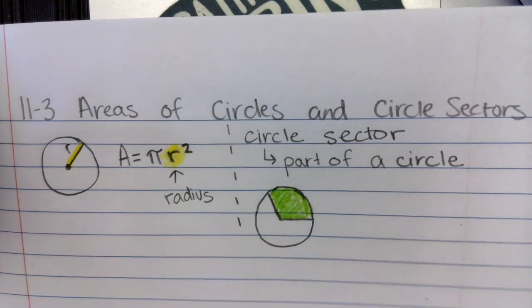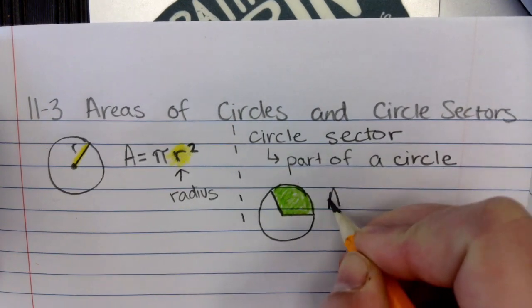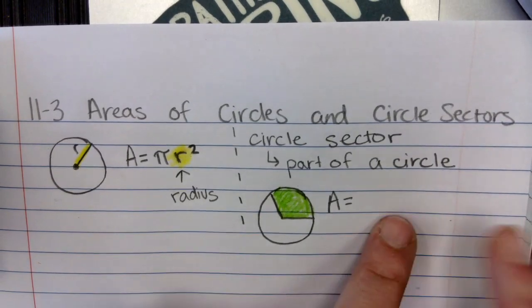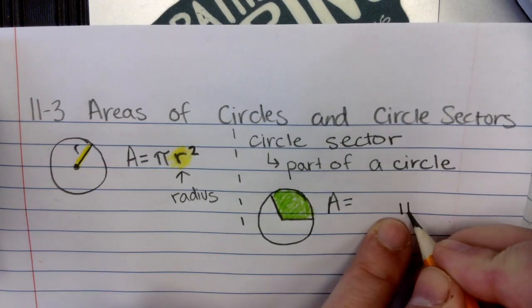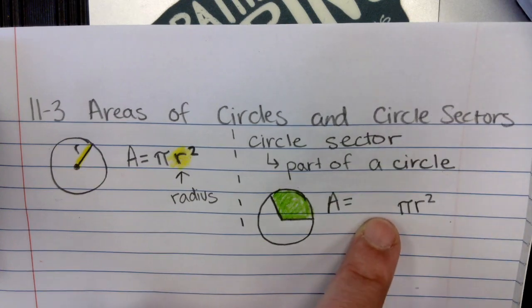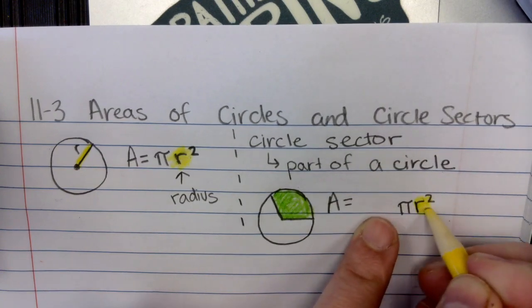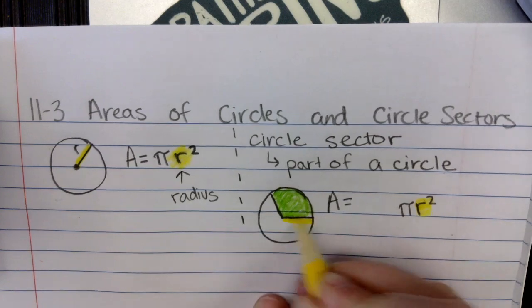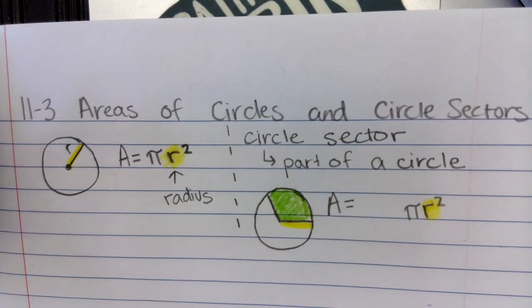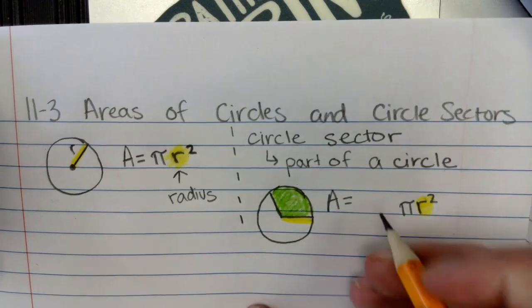Eventually, I will need to know my pi r squared, where I'm using that radius. But in the meantime, I need to know how much of the circle am I using. And what do I know about a total circle? 360, so it's out of 360 degrees. So if I know this over 360 times pi r squared, good choice.